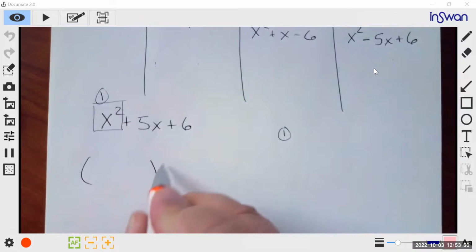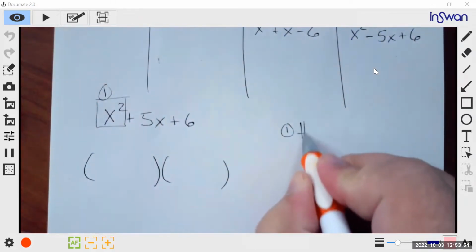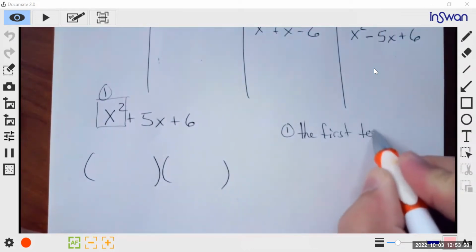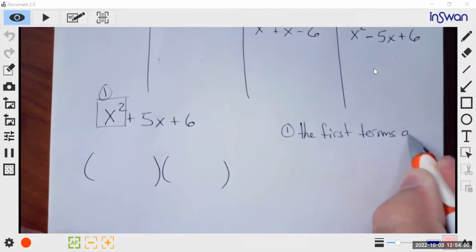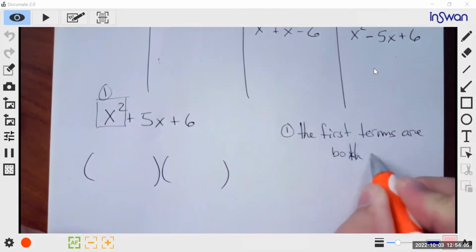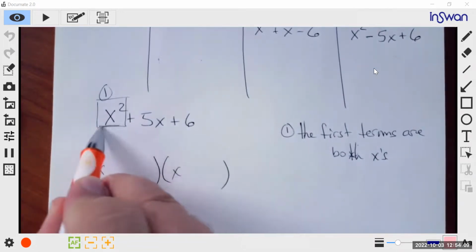Remember, we're factoring, so we want to break it down to 2 smaller pieces. It tells us the first terms are both x's, because x times x is this first number.